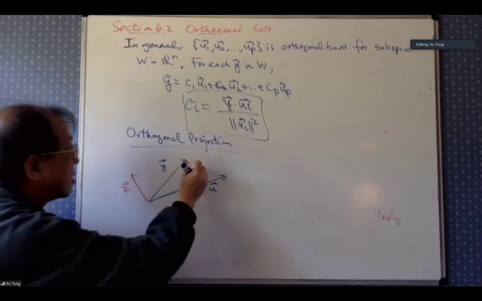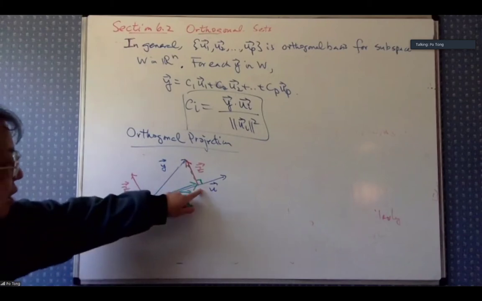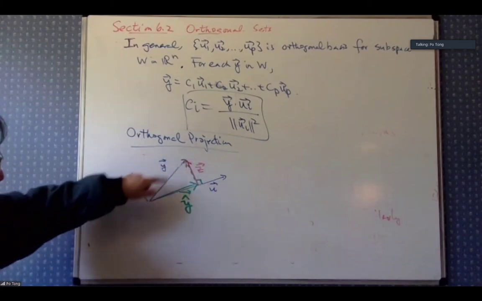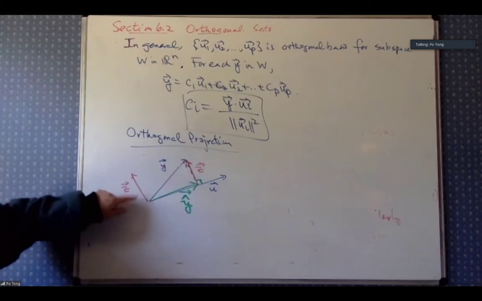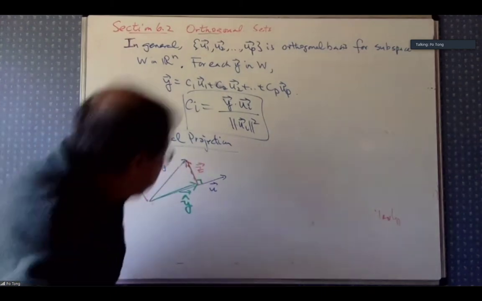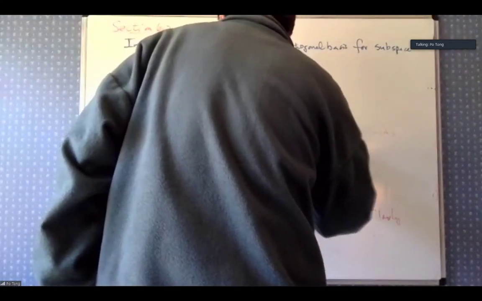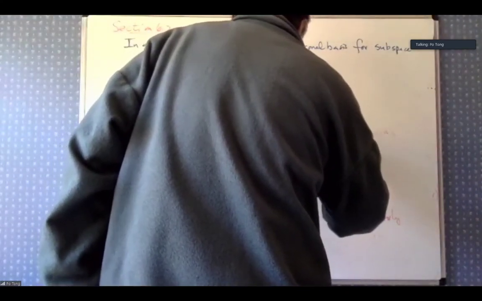I'm going to call that Z. The green one plus the red one will be equal to the blue one, and you basically have a rectangle. So y is equal to y hat plus Z.